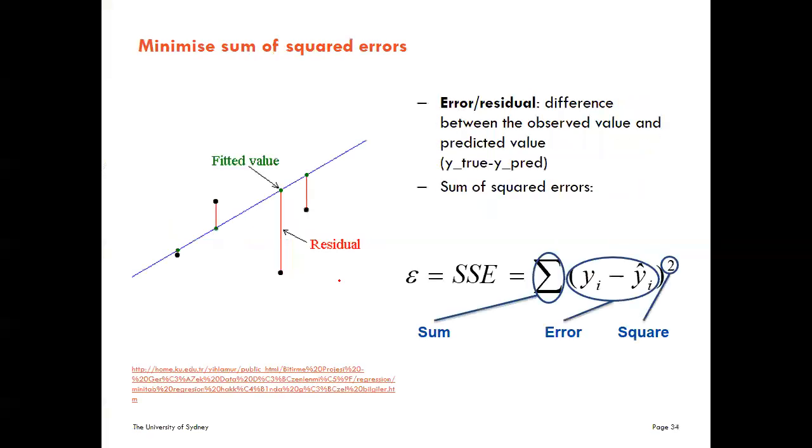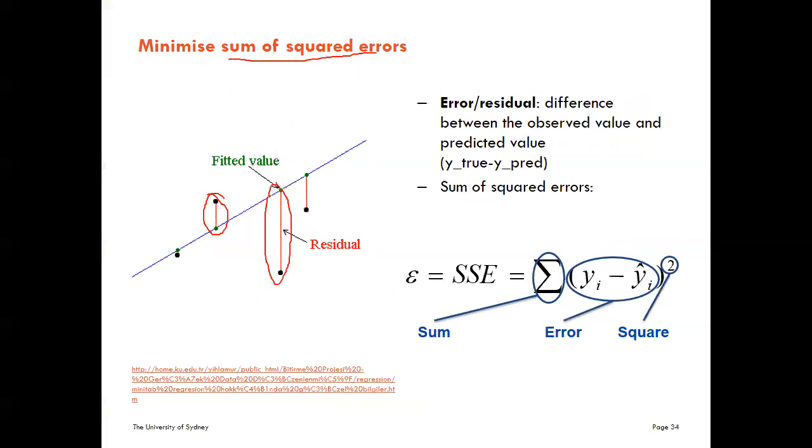And then we usually talk about this error, how much is the error, and we usually talk about the sum of squared errors. So that means how far away this line is from each and every one of the data points. We basically take the difference between the line and these data points and then square it.